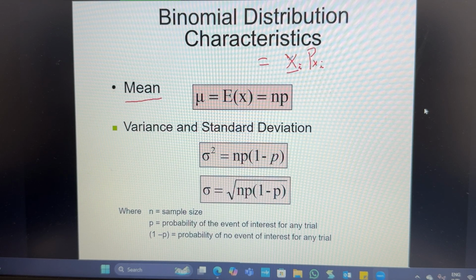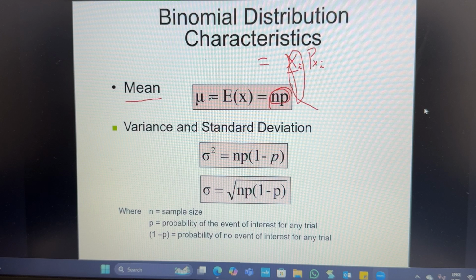But if X has a binomial distribution, you don't need to do this. You directly multiply n by p, then you can get it. That is the characteristic.